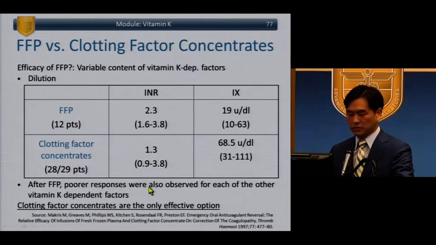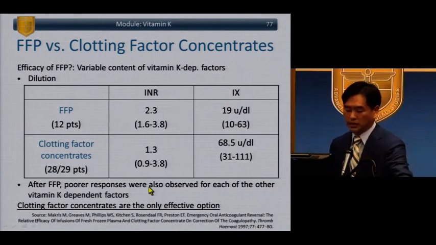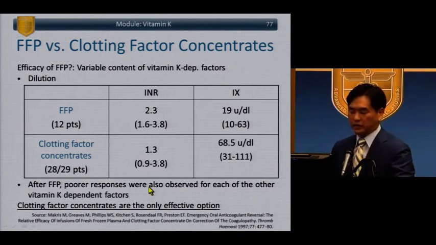Okay, so in this study, FFP versus clotting factor concentrates. Now, this was a mix of either PCCs or even Novo-7. And with FFP, you can get a person down, I think it was greater than 5, down to 2. And then with PCCs, you can get them down to 1.3. Right? This is a different assay for warfarin efficacy.